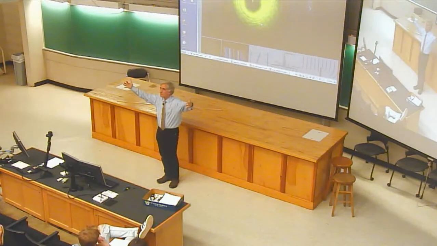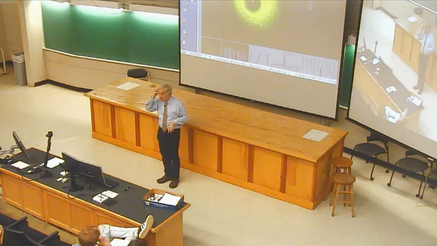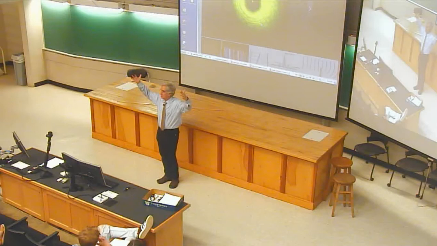Having a big mirror is nice because it collects lots of light. This is an issue we talked about with cameras. But the other thing about it is that having a big opening on the telescope doesn't truncate the wave very much.